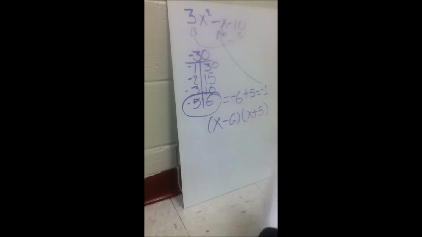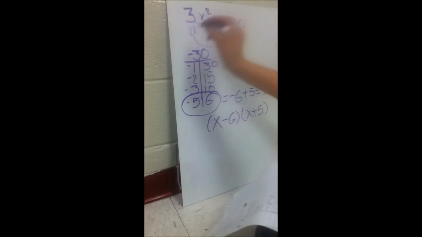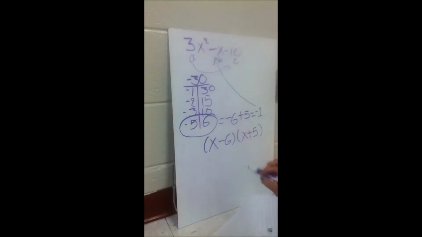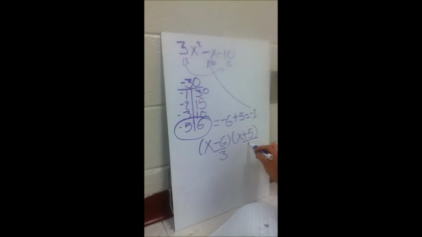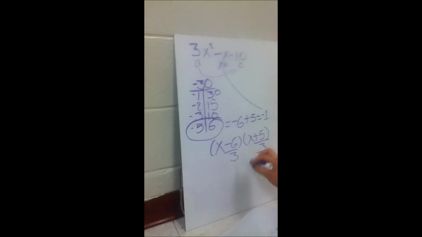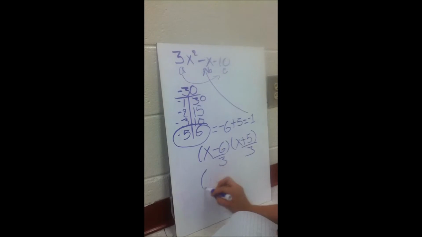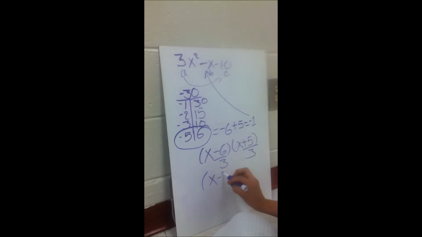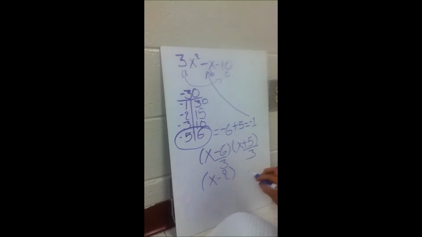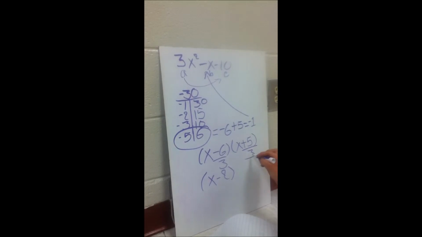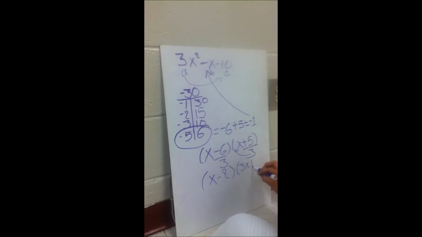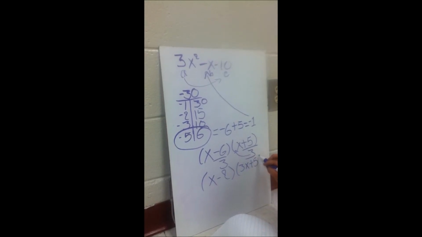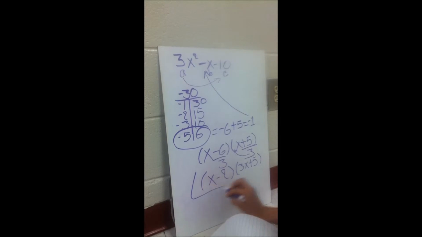And you have to divide it by your A. So right here it's 3. So divide by 3. And when it goes in, you minus 2. But here it doesn't go in, so you have to move your A in front of the x, which equals 3x plus 5. And that's your answer.